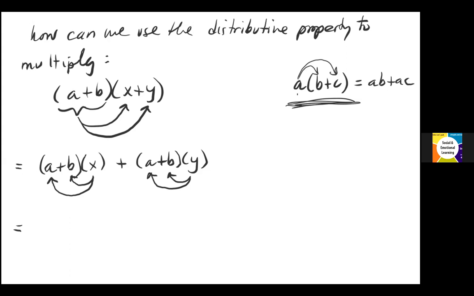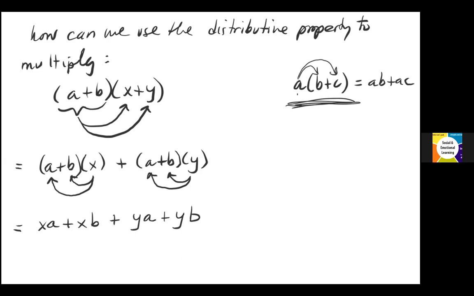Anybody have any ideas? XA plus XB plus YA plus YB. Right, exactly. So we're going to end up with 4 terms.